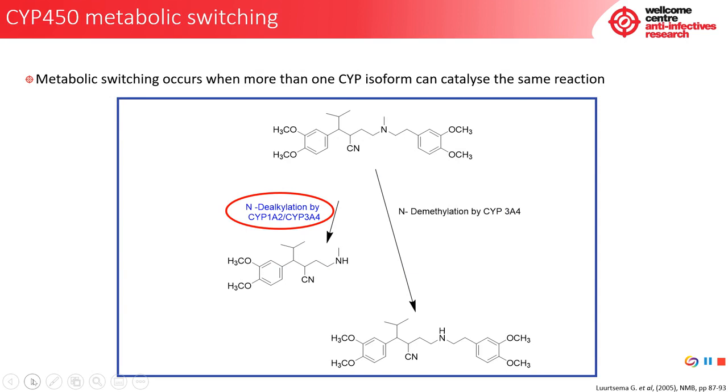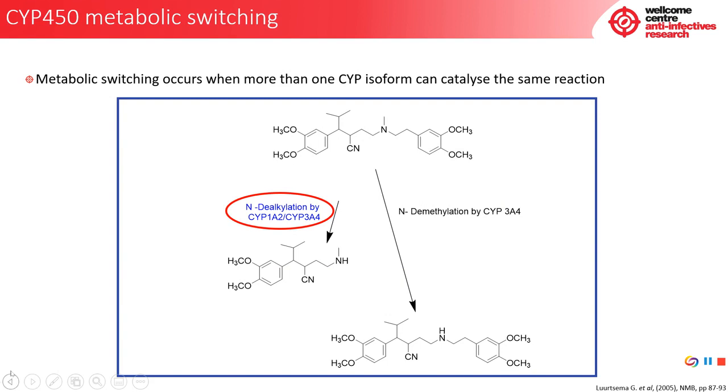CYP450 is capable of metabolic switching. This can be advantageous when there is likely to be a drug-drug interaction by the blockage of one metabolic process by another drug. Metabolic switching occurs when more than one CYP isoform can catalyze the same reaction.